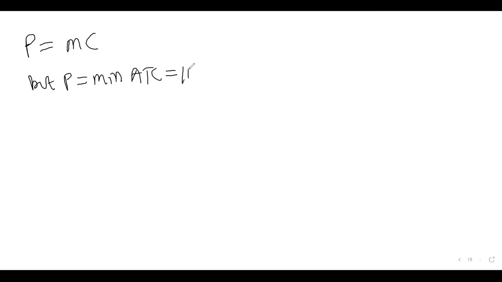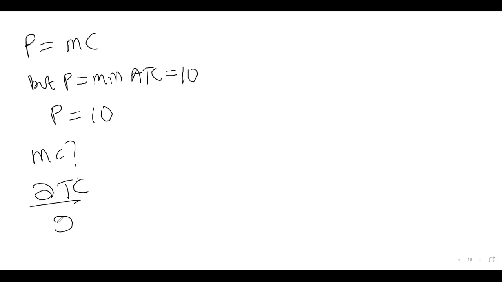So the equilibrium point is when price is equal to marginal cost, but price is equal to the minimum of the average total cost and is equal to 10. So it means that the price is 10, okay? What is our marginal cost? Marginal cost is change in total cost over change in quantity.